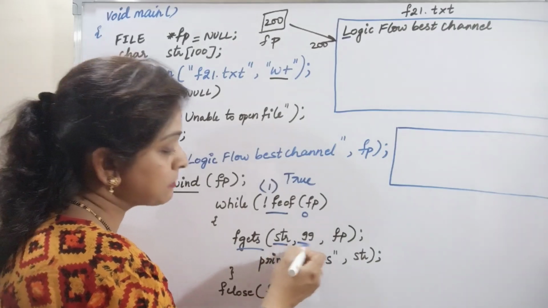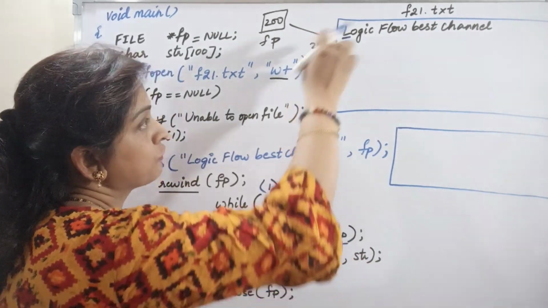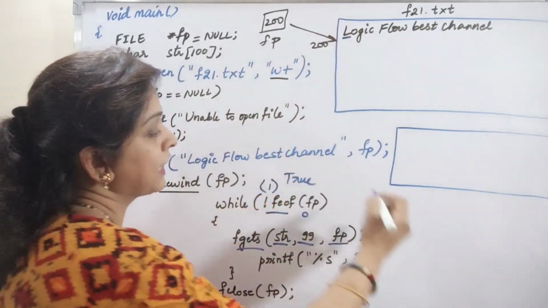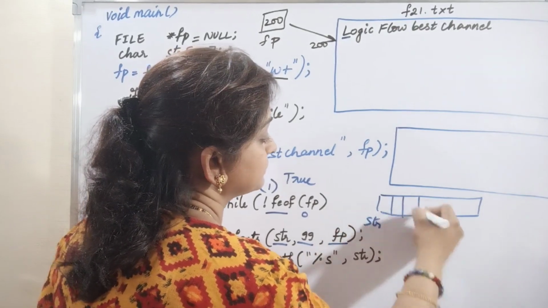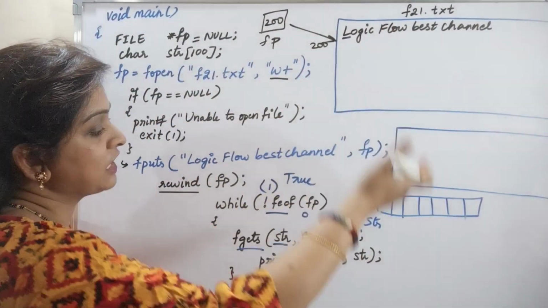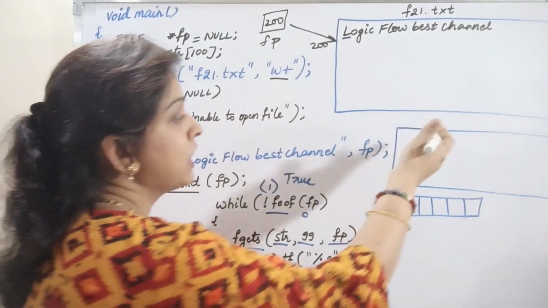Then while 1 is true, I'm going to get the sequence of characters into the array str, maximum of 99 characters from the file pointer fp. Then that complete content will be stored, and I'm going to print that, percent s str, onto the output screen.